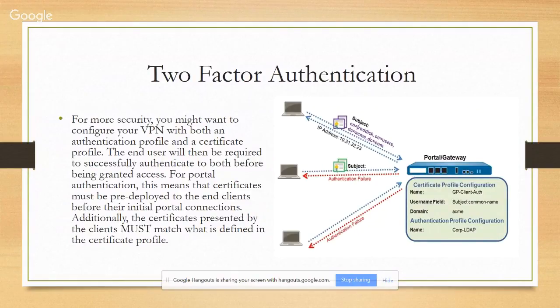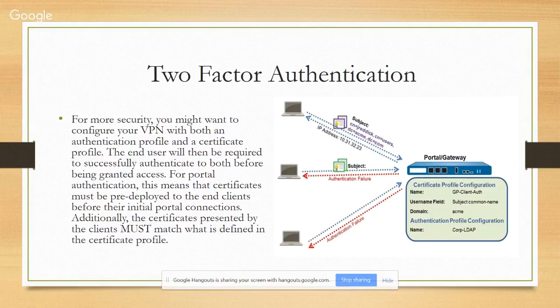So for more security, we might want to configure our VPN with both an authentication profile and a certificate profile. So what happens is that the end user will be required to successfully authenticate with both of those to have access.